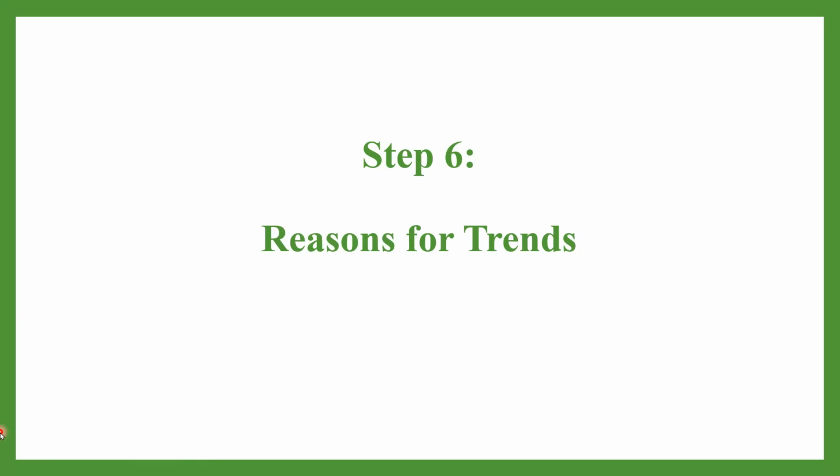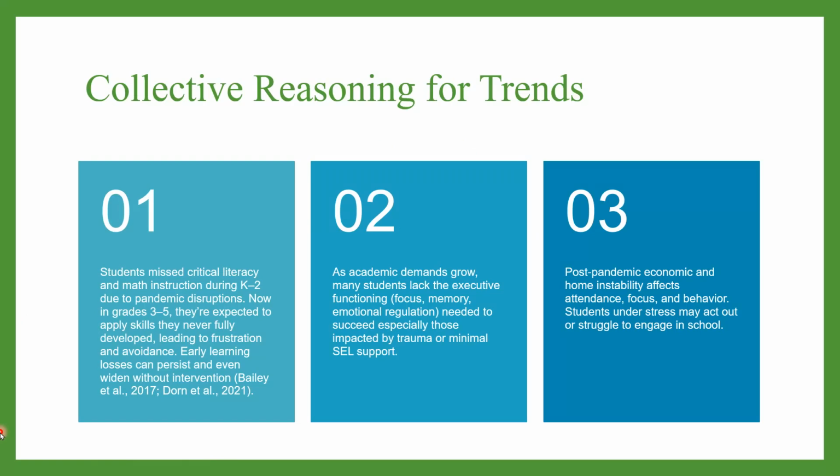So, reasons for these trends. Slides before we figured out what were the trends. Now, here are some reasons. So, collective reasonings for these trends. Students are missing a lot of academia in the classrooms due to behavior issues, due to attendance issues.